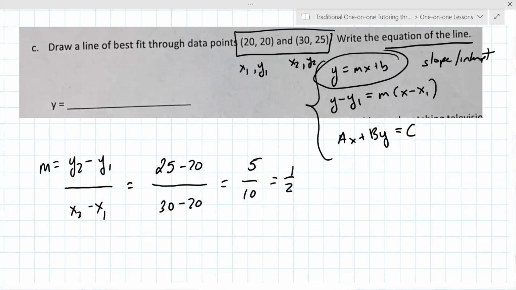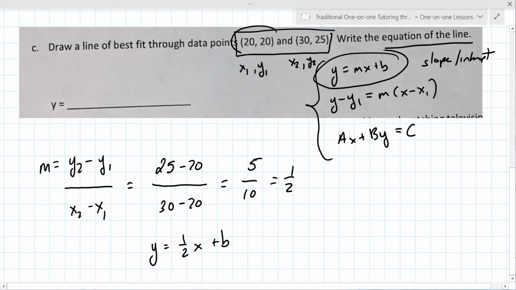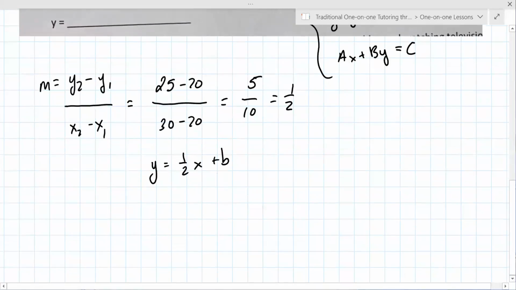All right, so the next step is to write the equation. It's y equals 1/2 x plus b. To solve for b, we need an x and a y, so let's just use this first data point. 20 is the y value, 20 is the x value. 20 equals 1/2 of 20, which is 10, plus b.